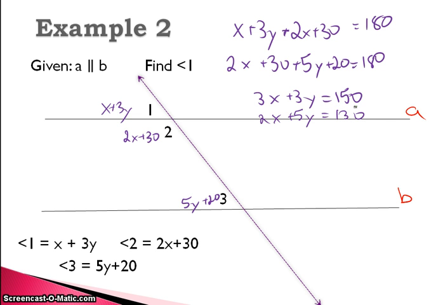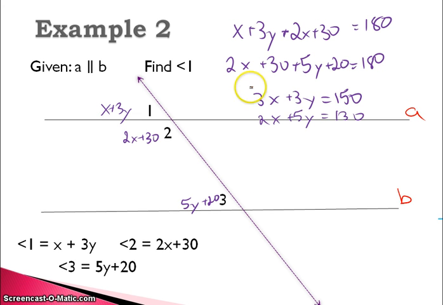Now, looks like I've got 3's, 2's, and 5's, so x is going to be a little bit easier to simplify, but not by much. If you really wanted to, you can divide the top equation by 3 and simplify it that way. But I'm just going to go ahead and multiply our top one by 2, and multiply the bottom one by -3.